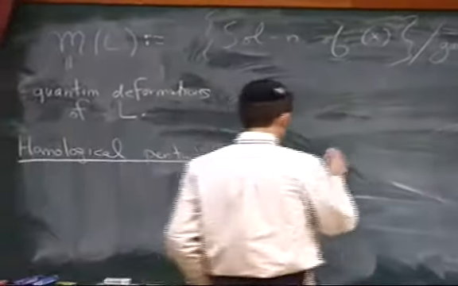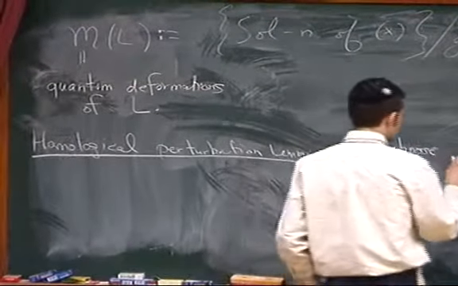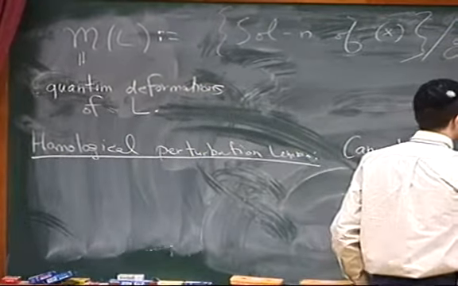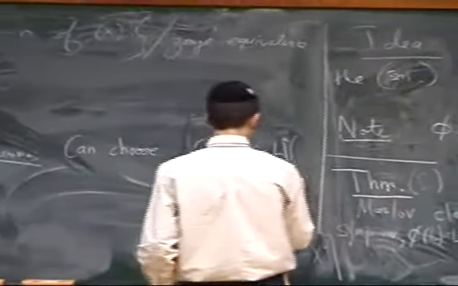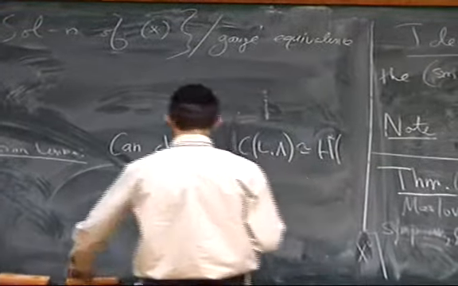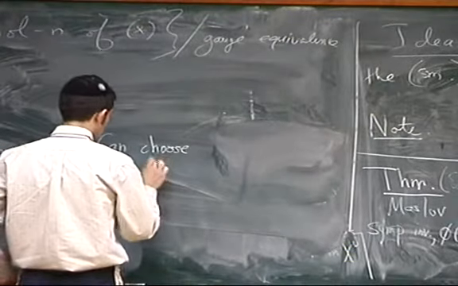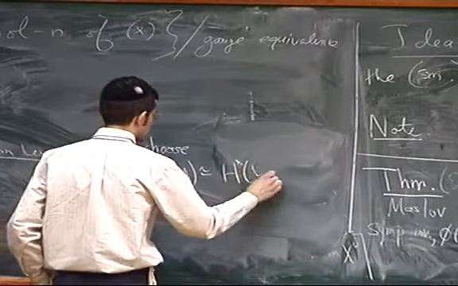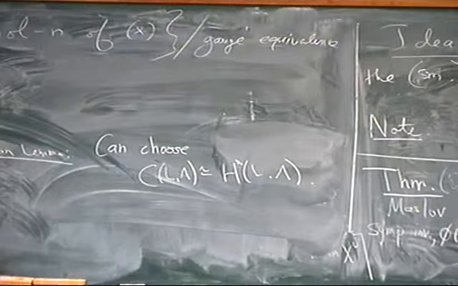So you can actually choose C of L and Lambda to be isomorphic to just the singular homology of L with coefficients in the Novikov ring.